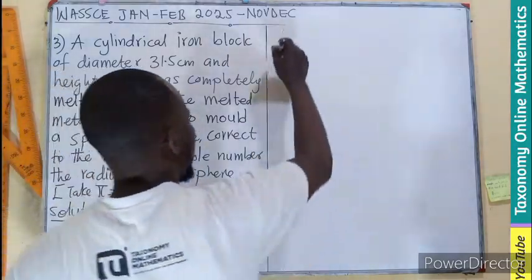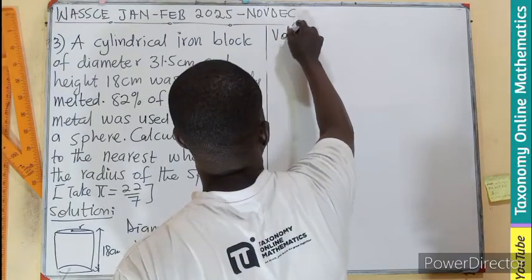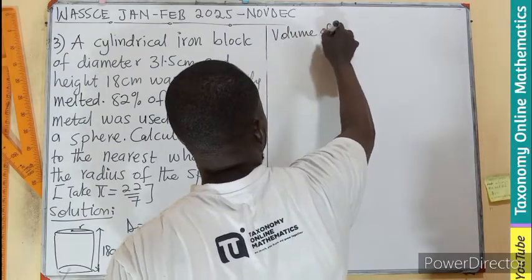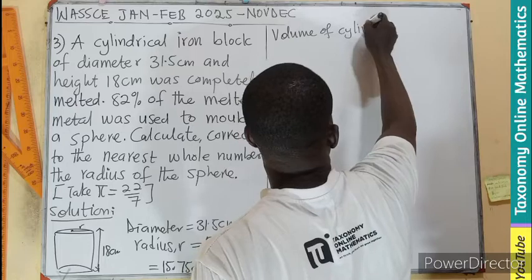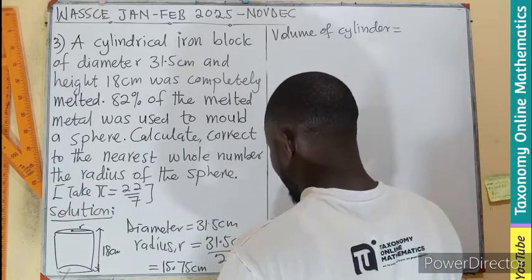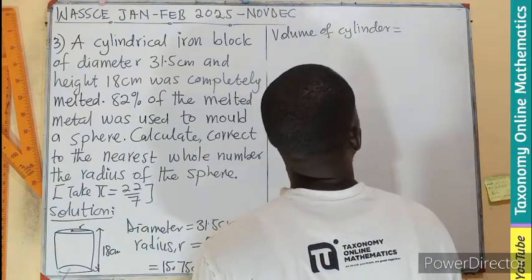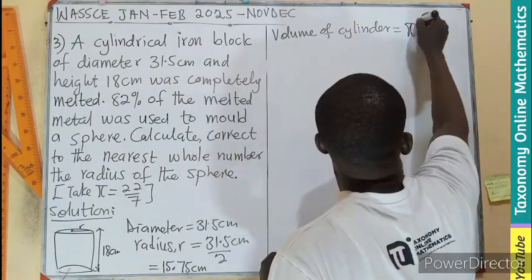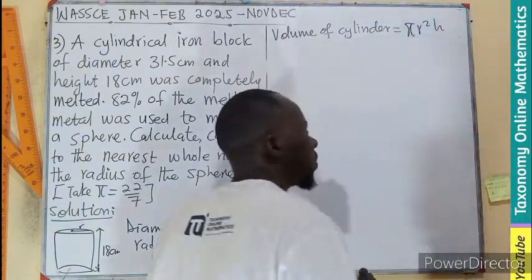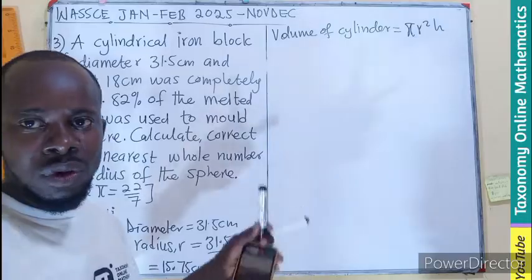But what is the volume? We know that the volume of a cylinder is given by pi r squared h. So the h is known, the r is known.